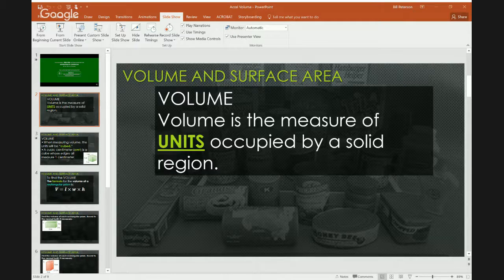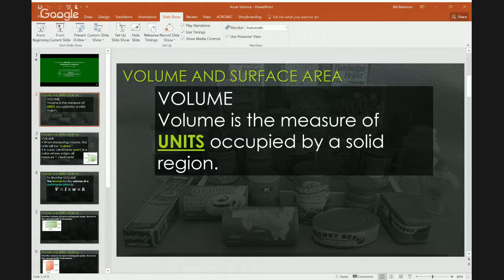You can see our units right here, centimeters cubed, or to the third power, is when all the edges of this cube measure 1 centimeter. So 1 centimeter times 1 centimeter times 1 centimeter gives us a cubic centimeter.